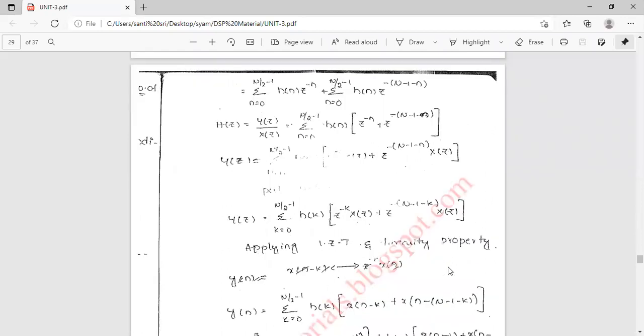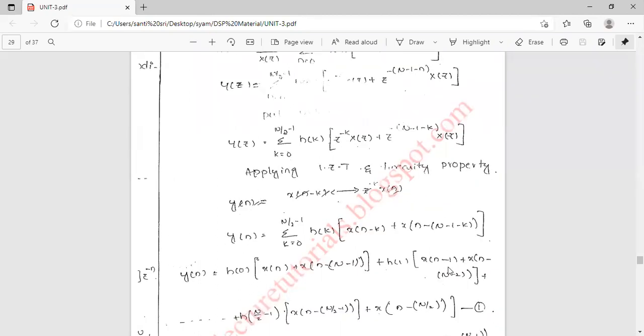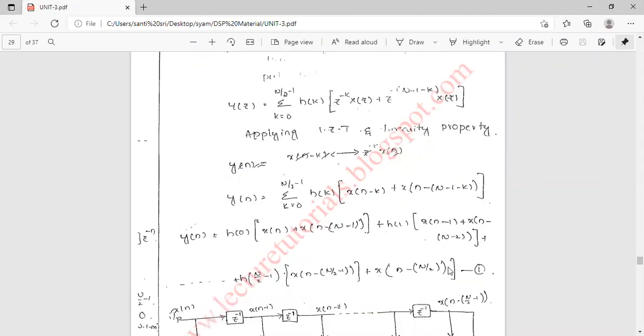Okay, so now applying inverse z transform for this one and linearity property, then y of n will become sigma k equal to 0 to N by 2 minus 1 h of k into x of n minus k plus x of n minus N minus 1 minus k. So y of n equal to, if k is 0, then k is 1, k is 2.